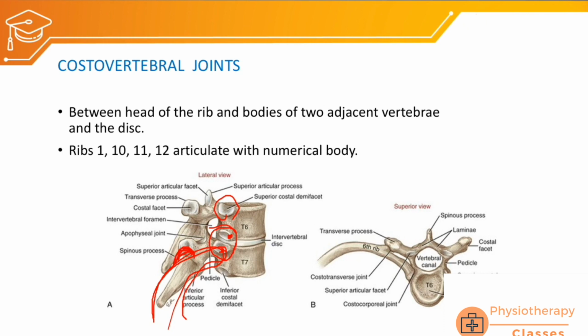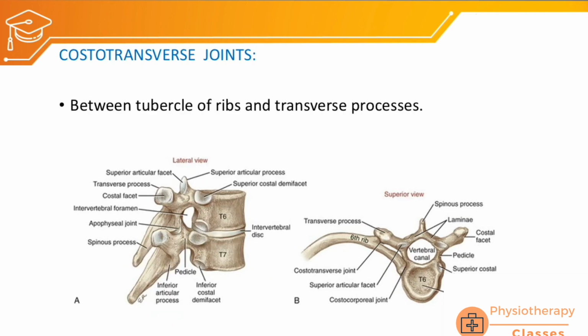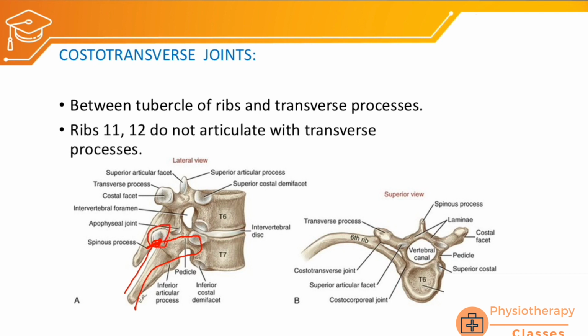Ribs 1, 10, 11 and 12 articulate with numerically corresponding bodies. Next joint is the costotransverse joint. We discussed in the previous slide that the tubercle of the rib, here you can see, will articulate with the costal facet of the transverse process to form the costotransverse joint.